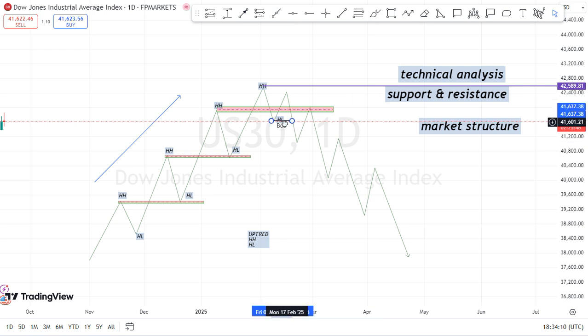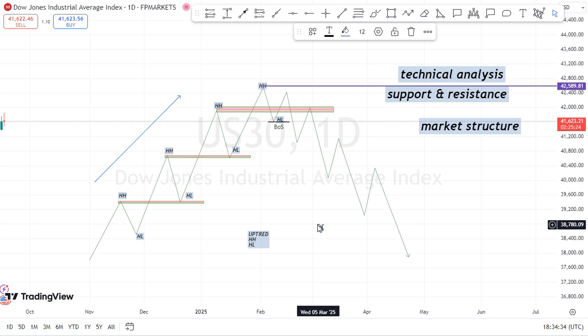Now we are no more having higher highs and higher lows. Now we are changing to lower highs and lower lows, because it's now a downtrend. If I'm not making myself clear, if you are not understanding, then let me know in the comment section.